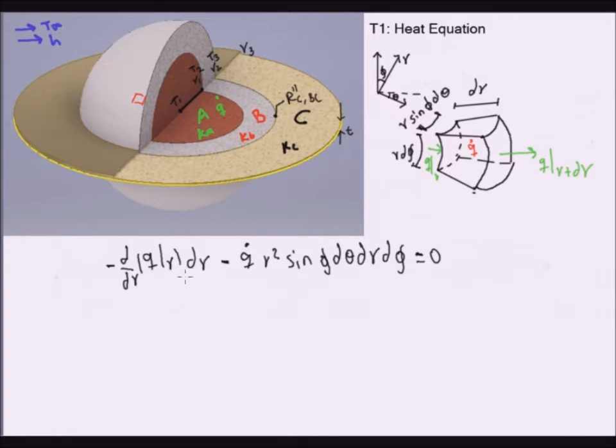So when we evaluate Q evaluated at R, we find that we need the temperature gradient, so dT by dr, and then we multiply it by Ka. The negative signs go away, and then we multiply it by the area at R. So at R, the area is just the area of this face here.